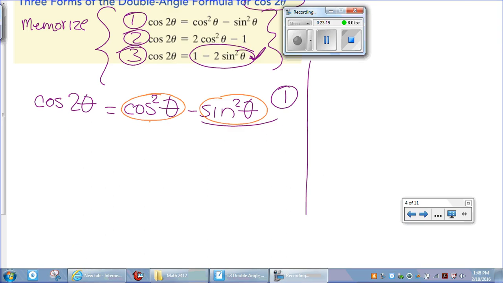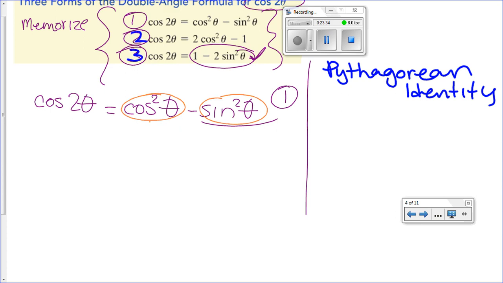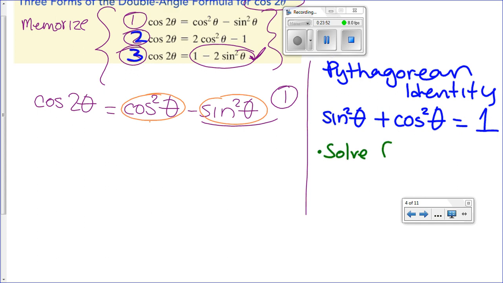So we're going to explain again, using the Pythagorean identity, how we're going to obtain formula number 2 and number 3. All right? So the Pythagorean identity is sine squared theta plus cosine squared theta is equal to what? To 1. So now, right here, I want to solve for sine squared theta from the original function.